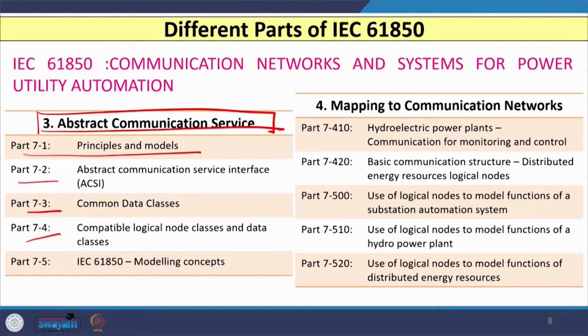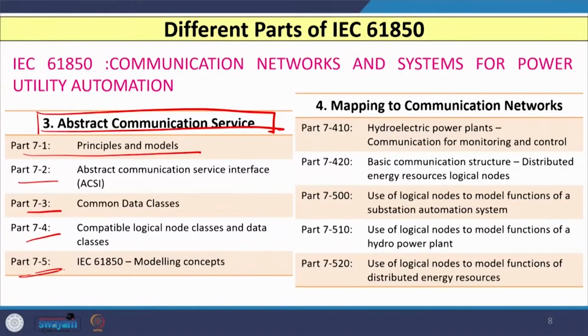In part 7-4, compatible logical node classes and data classes are defined: how we can define logical nodes and data classes, and how one logical node will communicate with other logical nodes. In part 7-5, the IEC 61850 modeling concept is mentioned. These are the conventional parts 7-1 to 7-5 covered in the abstract communication service part.